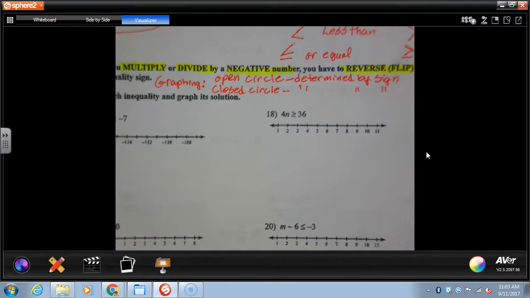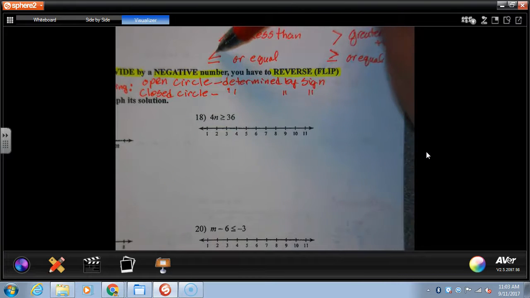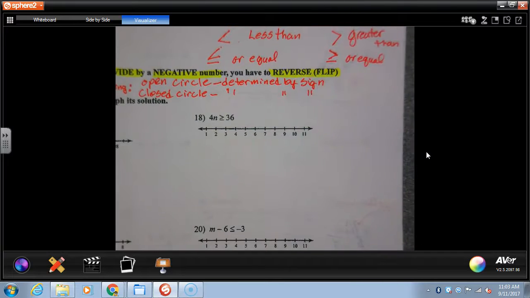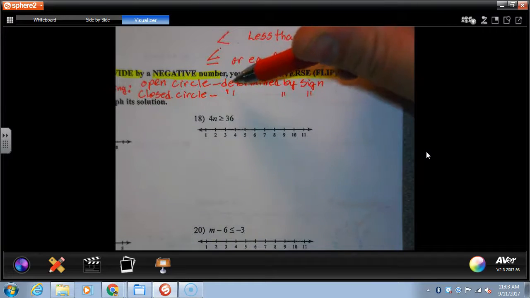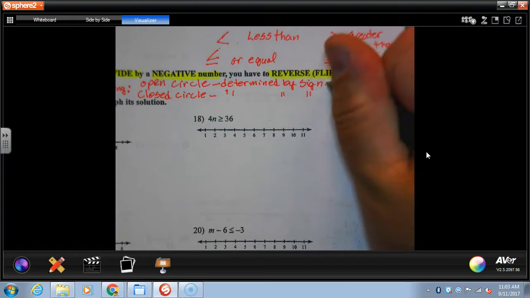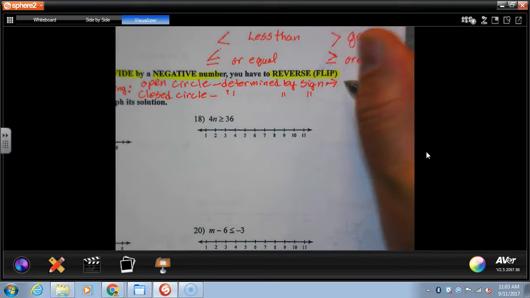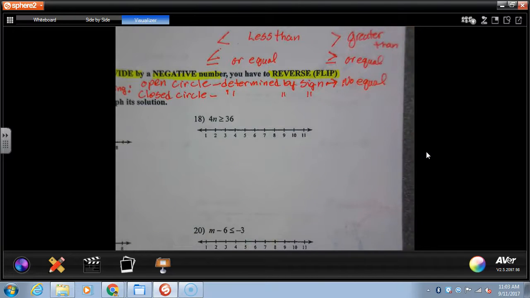If it has an open circle, what do you think the sign would be? Would it be less than or greater than, or would it be less than or equal to or greater than or equal to? It's the other way around. Okay, if it's an open circle, no equal sign. If it's a closed circle, it's going to include the equal sign.